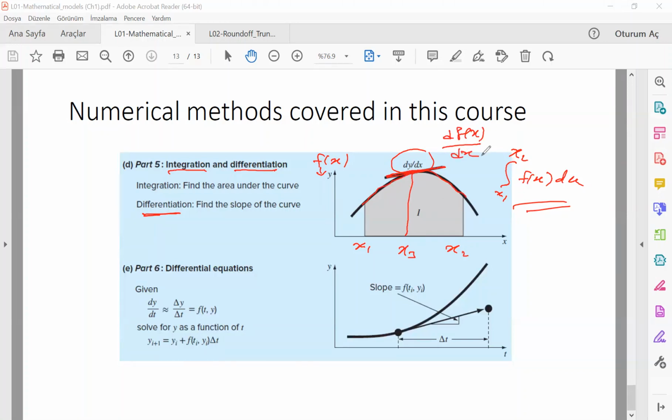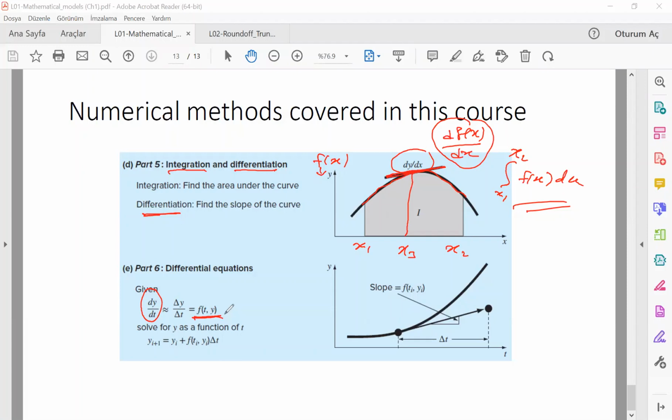As we have shown in previous slides, Euler's method is commonly used to estimate the values of a function iteratively, where we need the slope of the function. A differential equation can be given simply with a function f of t, y.